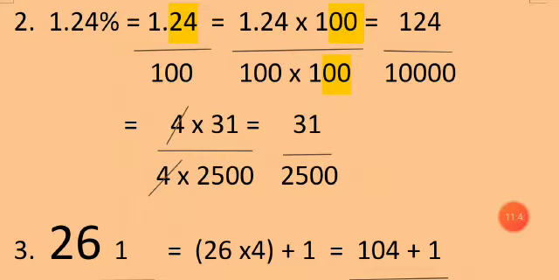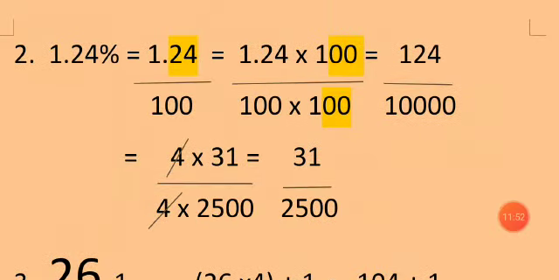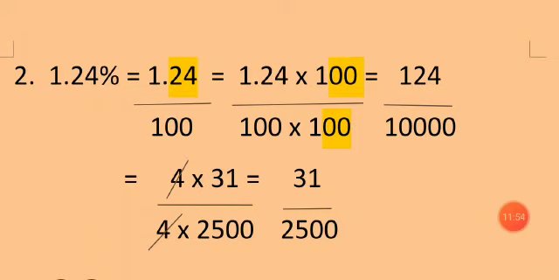I told you I'll be dividing by the highest common factor to make my work very neat. So here 124 equals 4 times 31, and 10,000 is 4 times 2,500. 4 divides 4, so I have 31 over 2,500.